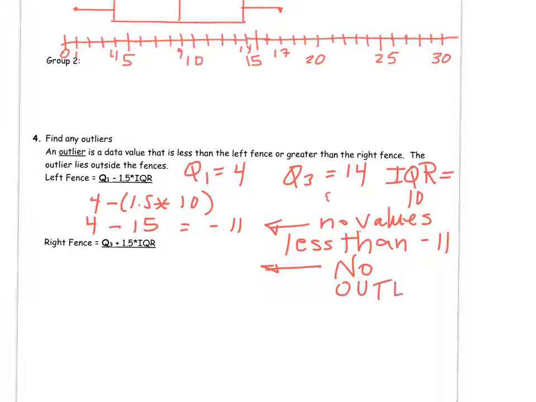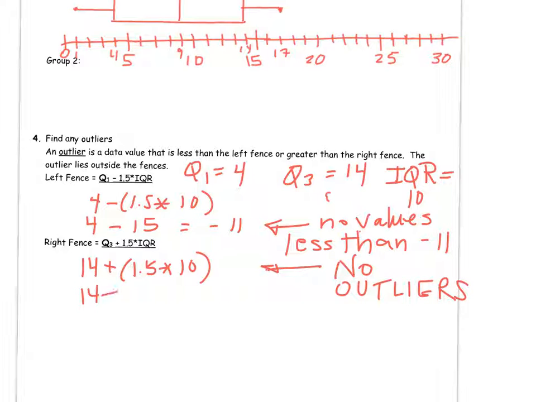We're going to do the same thing for outliers on the higher end, which we call the right fence. Any values that are larger than this right fence, that are data values in the original data set, would be considered outliers. Basically, the right fence determines the largest, what we can again call usual value for this data set. We're going to take Q3, which is 14, and we're going to add to it 1.5 times the IQR, which is 10.